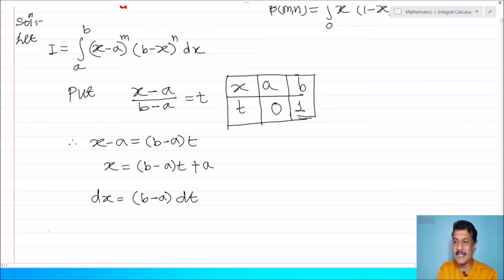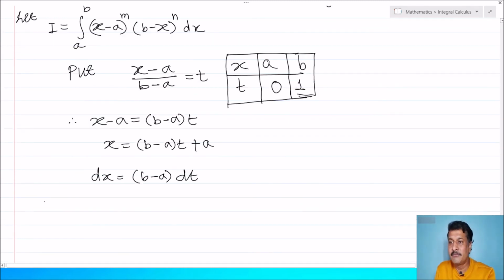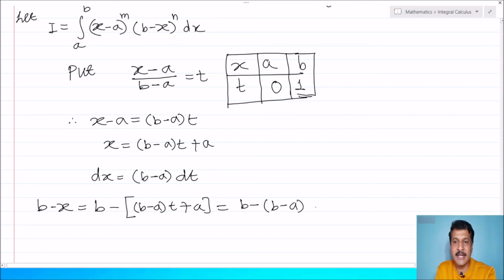So substitute these values in the integral. But before that, you just simplify this b minus x. So b minus, what is the x value? x is nothing but b minus a into t plus a, and that is equal to b minus a into t minus a.